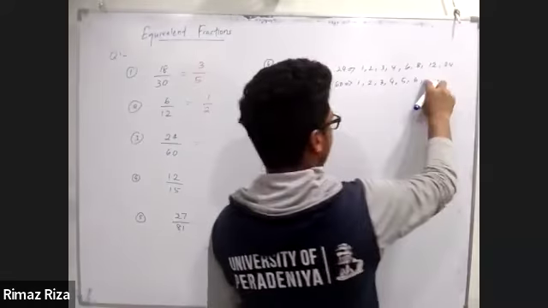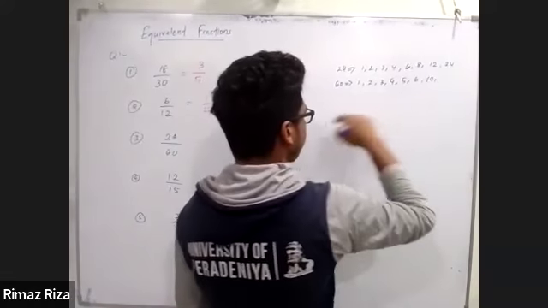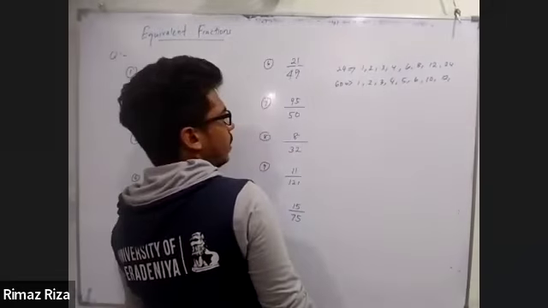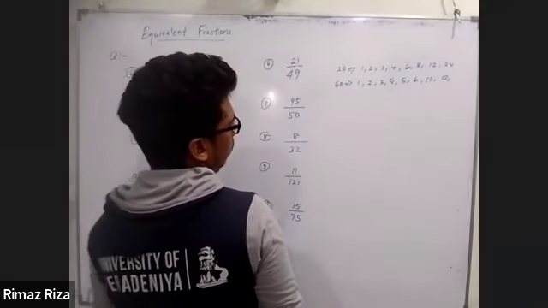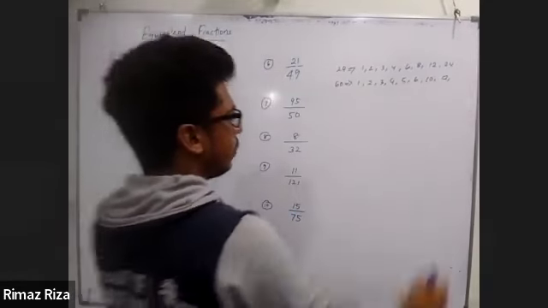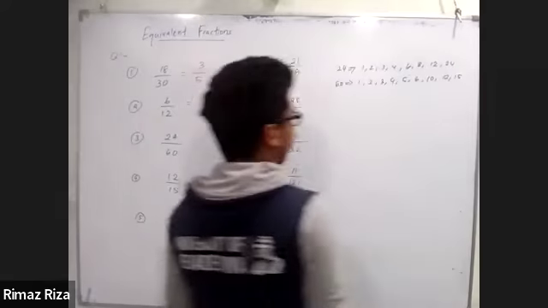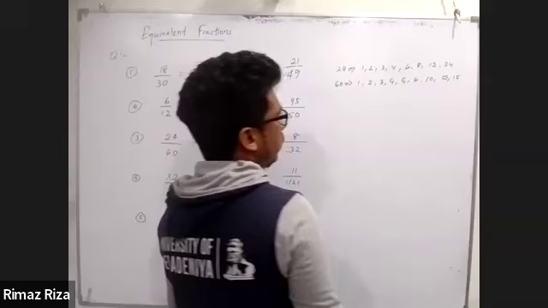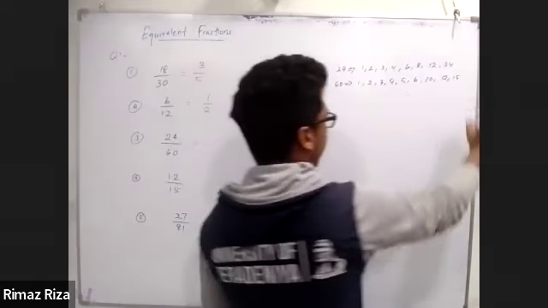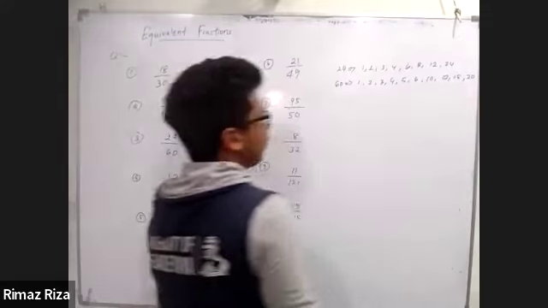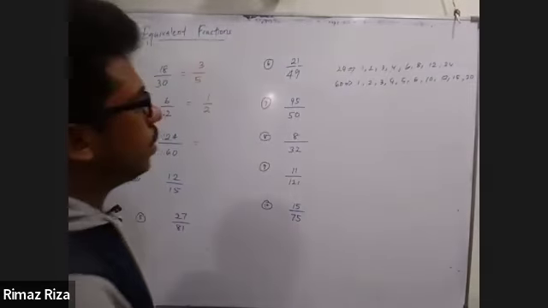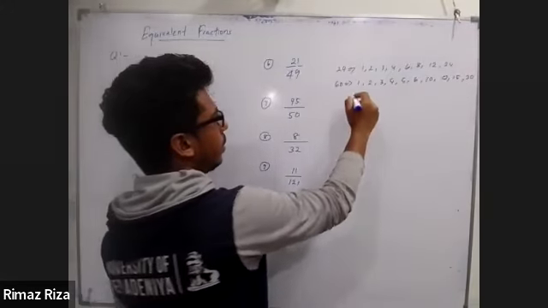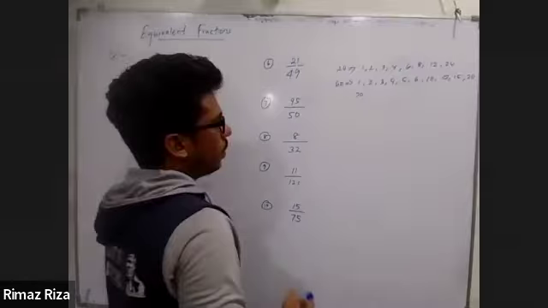No. 10, yes. 11, no. 12, 12 into 5. 13, no. 14, no. 15, yes. 15 into 4. 16, no. 17, no. 18, no. 19, no. 20, 20 into 3, and that's all. 21, no. 22, no. We have again 30.